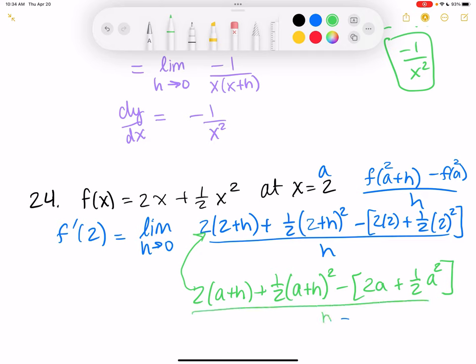Since there are two things you have to plug in, the a plus h and then just the a, you plug the a plus h into the equation first, and then you write it again but replace the x's with just the a, which in our case is 2. Y'all are going to be real mad when I show you the easy way.